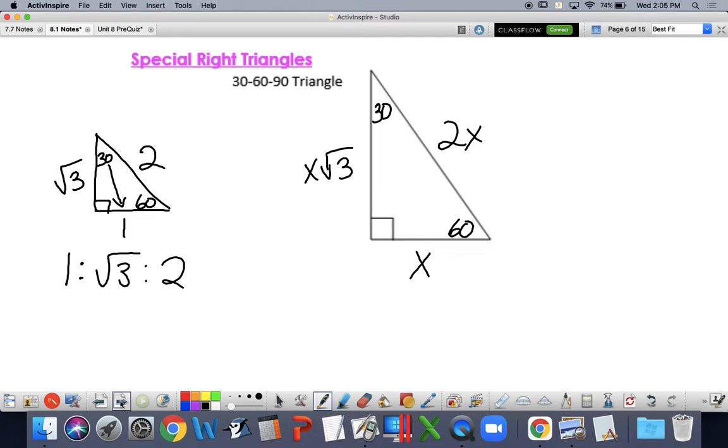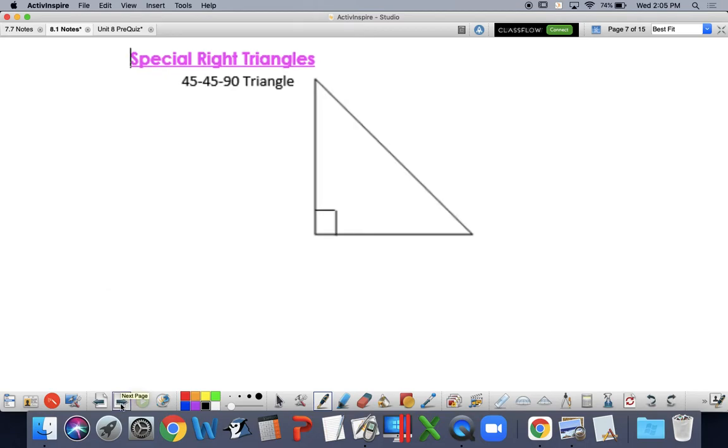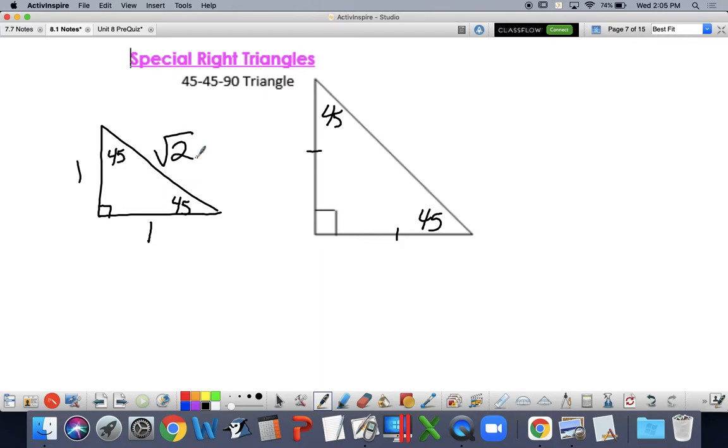Okay. Our next special right triangle is the 45, 45, 90. It is an isosceles triangle. Those two sides are congruent, so I can put little tick marks there. Let's again draw another little triangle off to the side. If the legs of this right triangle are 1 and 1, then my hypotenuse is the square root of 2.